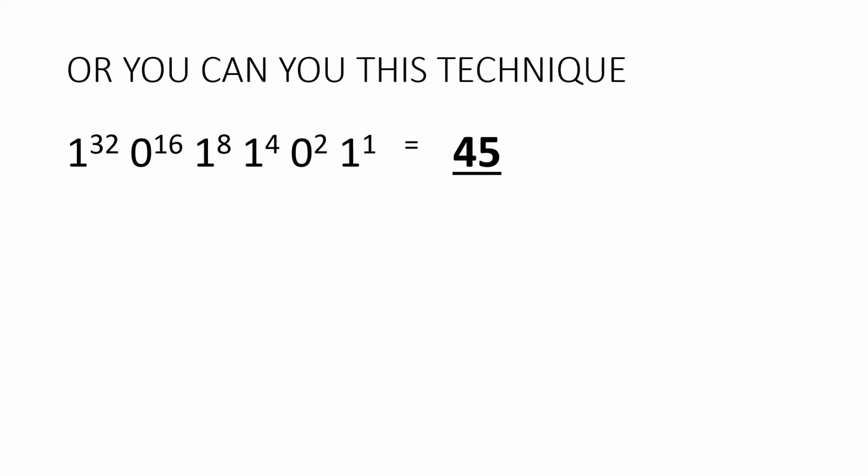So, get all the positions with a value of 1. We have 32, 8, 4, and 1. Disregard the 0 because it has no value. So the total is 45. It's the same as with the first technique.